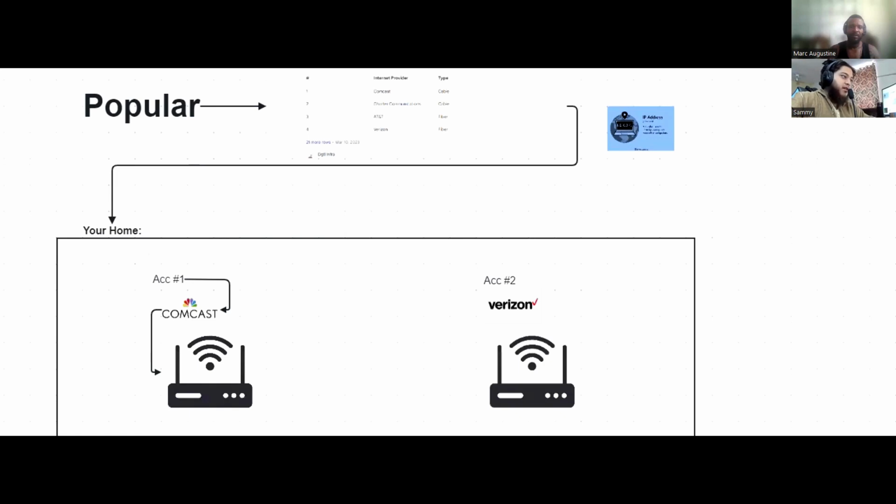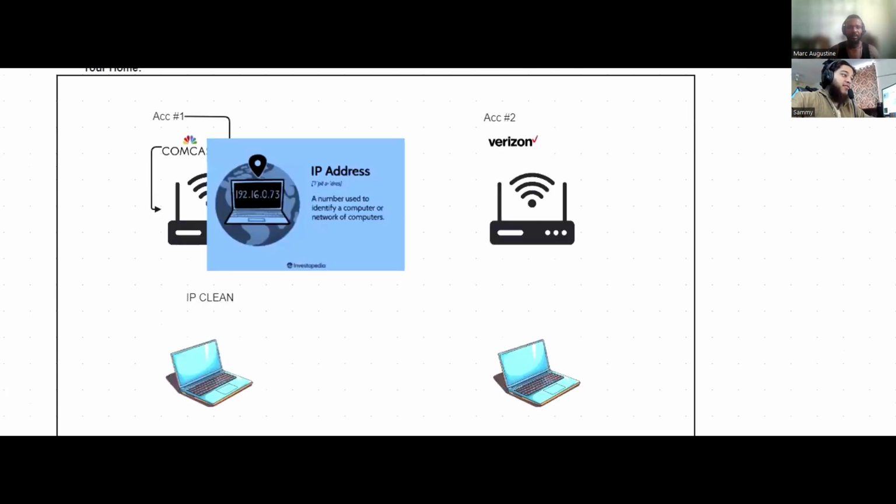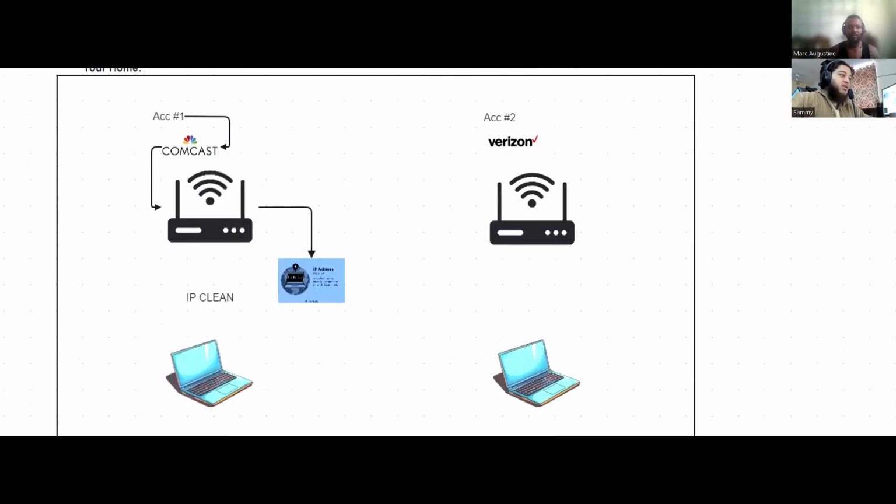To make it very clear, the modem itself gives you the IP address, and it's going to give you a clean IP address. You want to use that clean IP address on a brand new laptop.